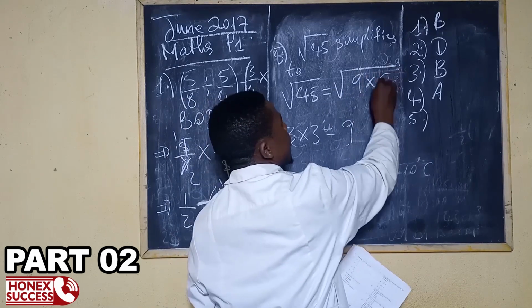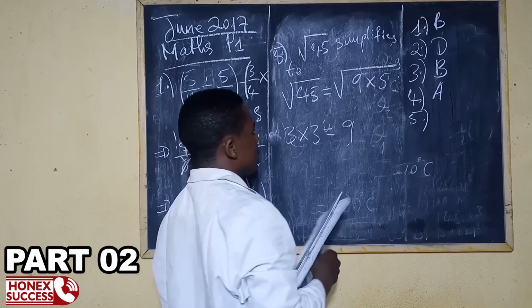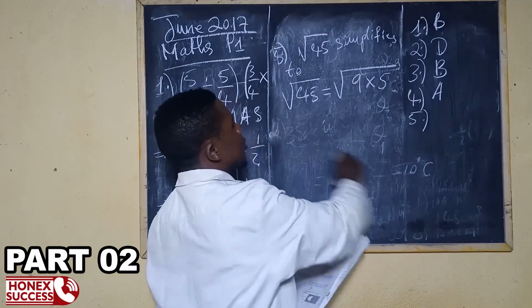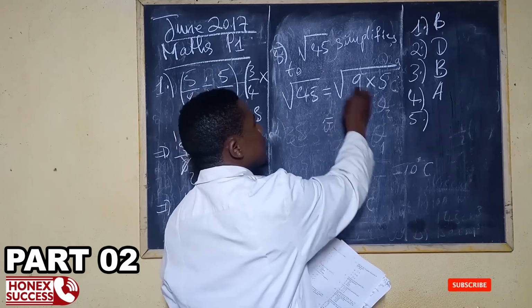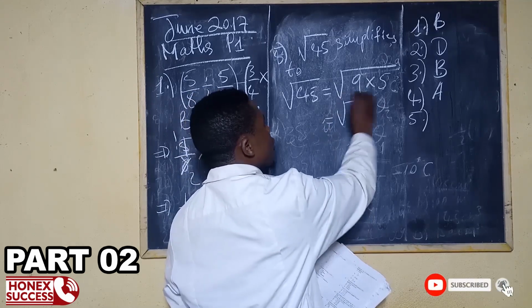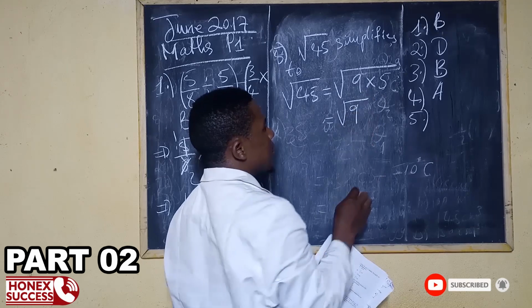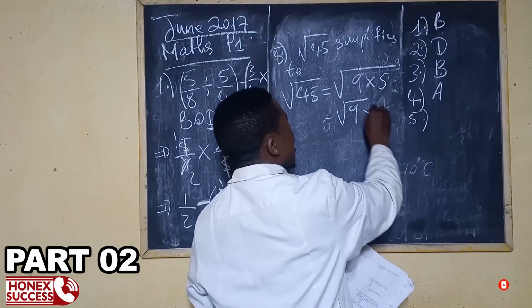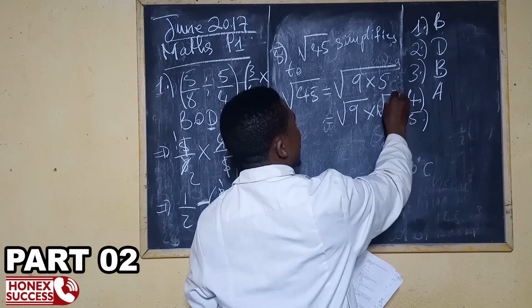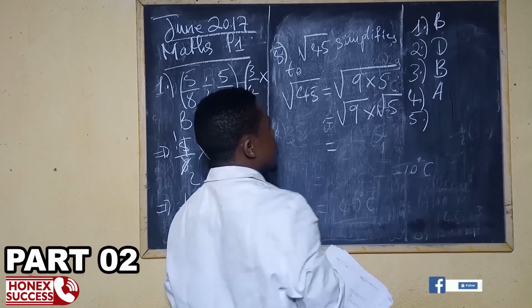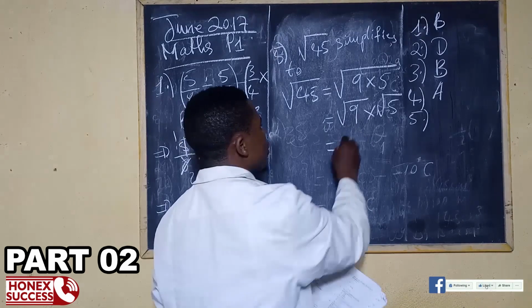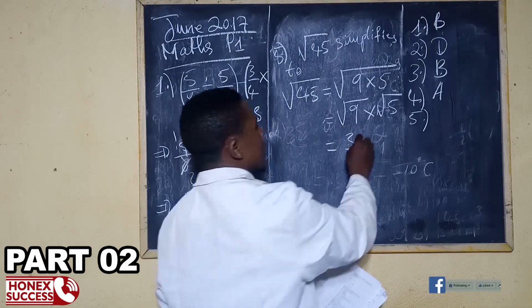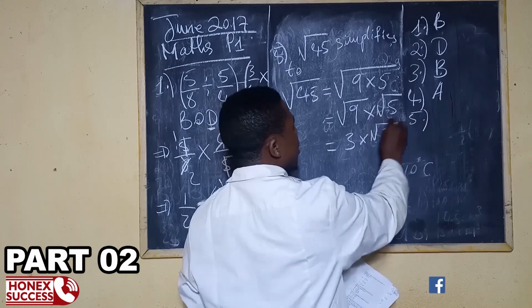It will be equal to, we separate the square root sign, the square root of 9 alone times the square root of 5 alone, which is equal to 3 times root 5, which can be written as the final answer, 3 root 5.